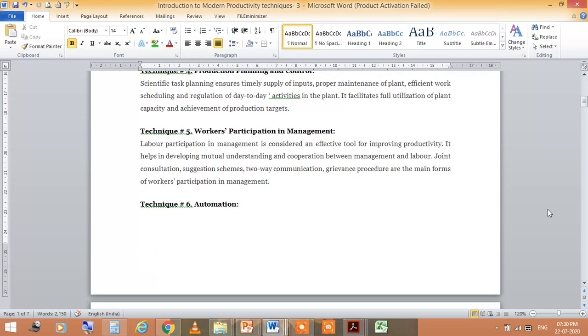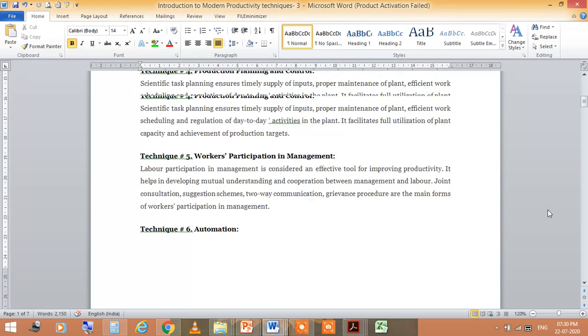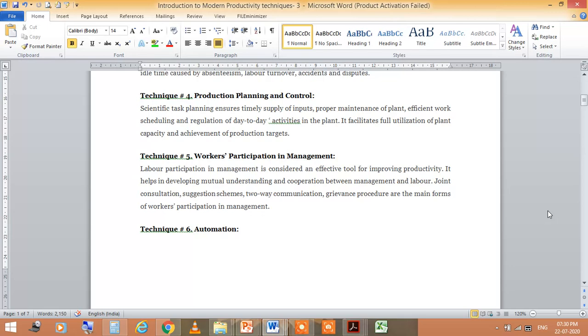In this technique, scientific task planning ensures timely supply of inputs, proper maintenance of plant, efficient work scheduling and regulation of day-to-day activities in the plant. It facilitates full utilization of plant capacity and achievement of production targets.